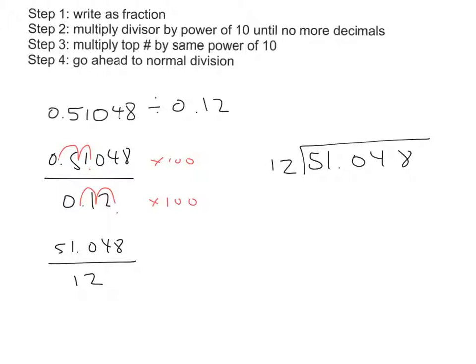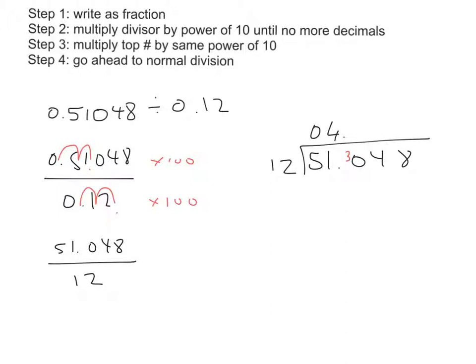Okay, so now we're asking how many times does 12 go into 5? It doesn't. How many times does 12 go into 51? Well, 12 goes into 51 at least 4 times, because 12 times 4 is 48, and that leaves us with the remainder of 3, because 51 minus 48 is 3, and I forgot to put the decimal point again.